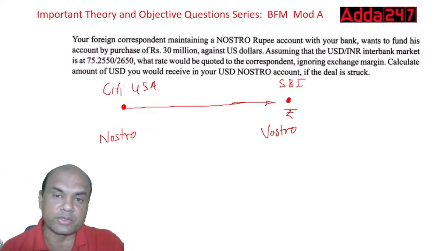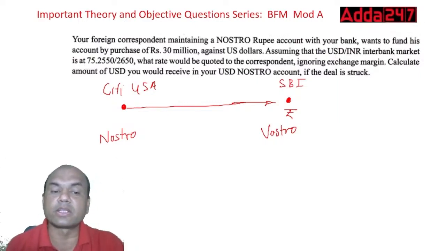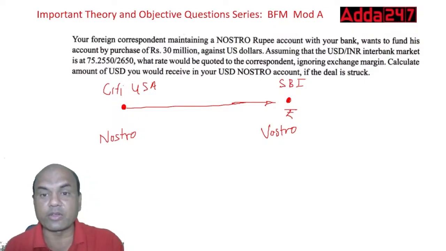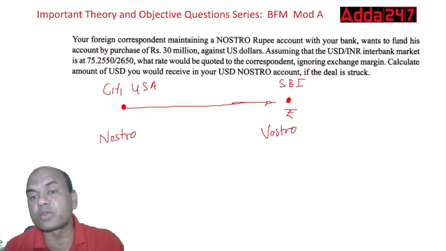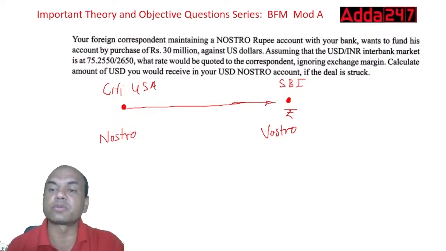They are same accounts. Only from whose angle are we looking at it? That's important. So Citibank will call this account as Nostro and SBI will call this account as Vostro. That's why it said correspondent bank is maintaining Nostro rupee account with your bank. So you are calling this as Vostro.